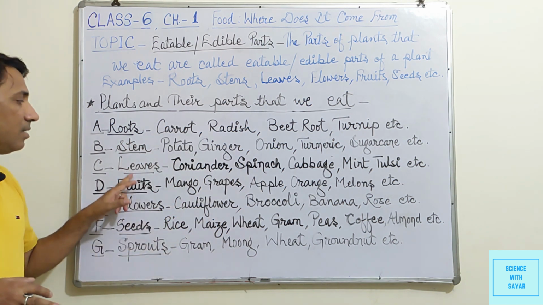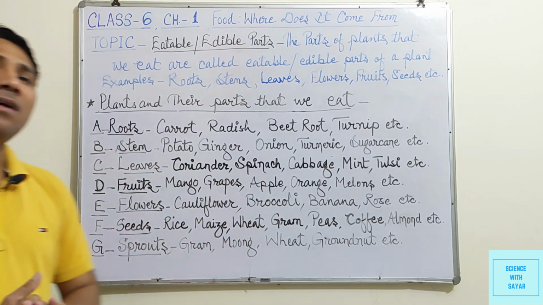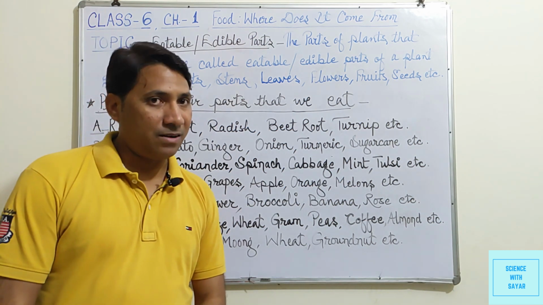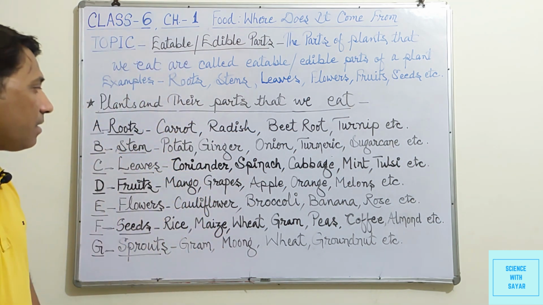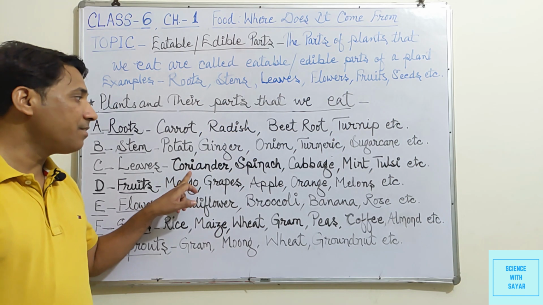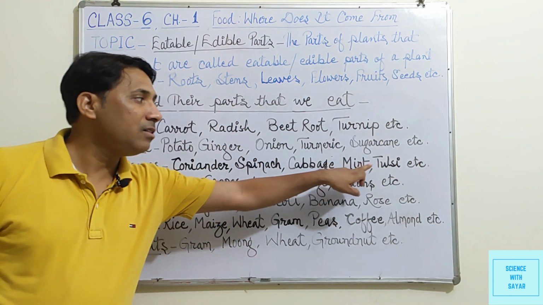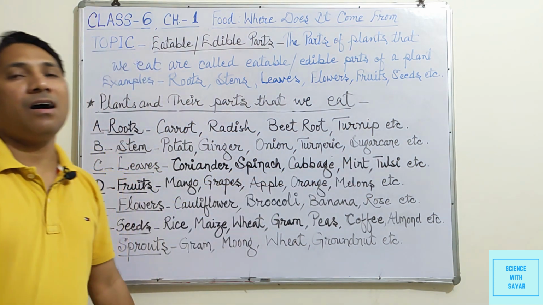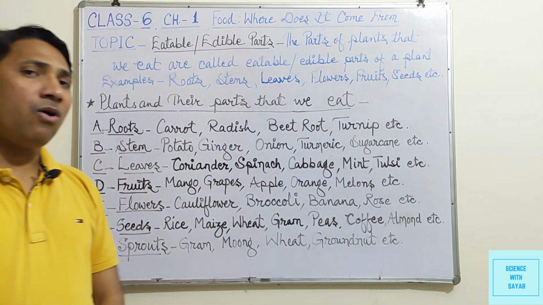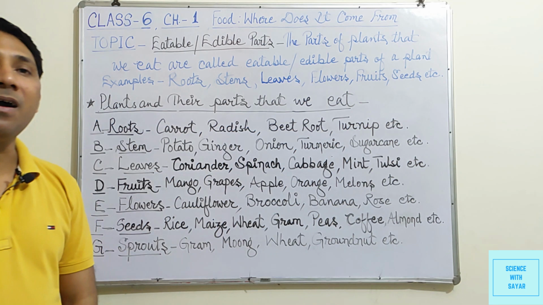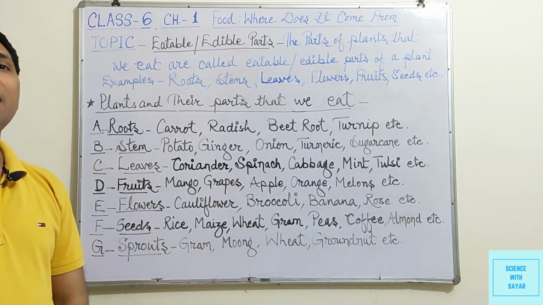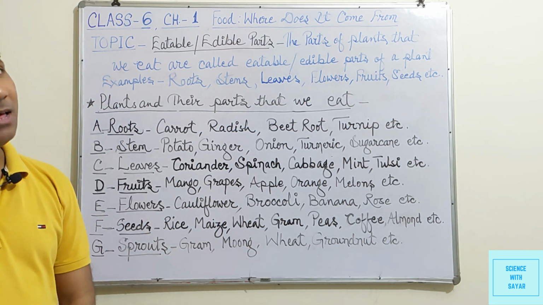Third example is leaves. In some plants we eat their leaf parts. The examples are coriander, spinach, cabbage, mint, tulsi, etc. These are the examples of plants of which leaf parts we use as eatable or edible part.